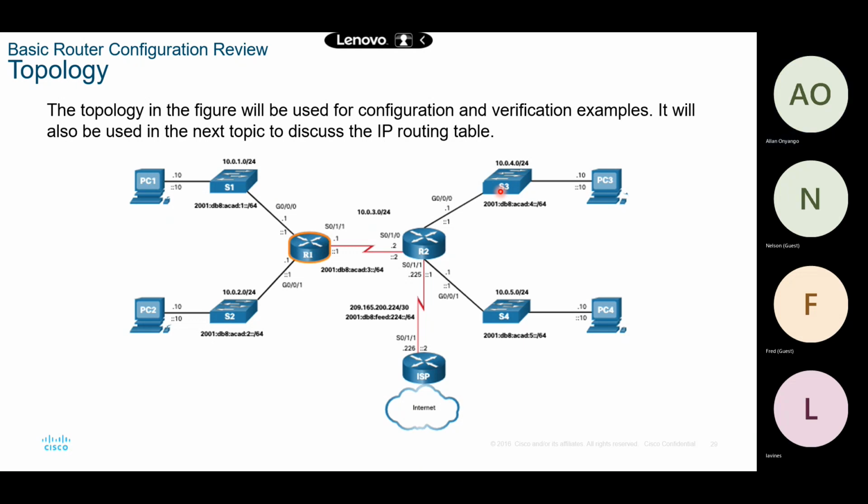One, you as the network administrator can manually add those remote networks to the routing table. That's what we'll be doing in the next chapter. So apart from adding them manually, you can also have a protocol, which we call dynamic routing protocols. Good examples are OSPF, EIGRP, RIP, BGP, ISIS.